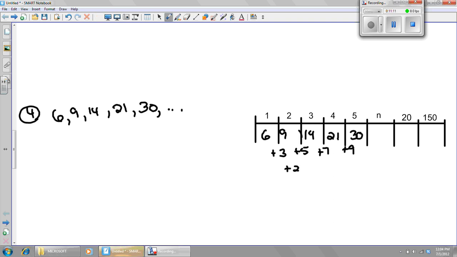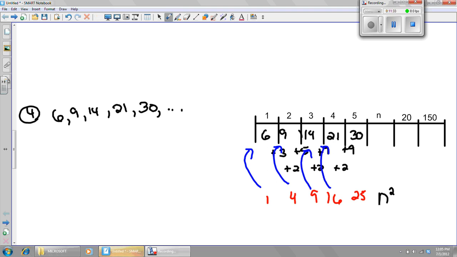Second difference is, looks like it's an n squared. All right, n squared. And I know it looks like 1, 4, 9, 16, 25. Looks like I'm adding 5 each time. Yeah.